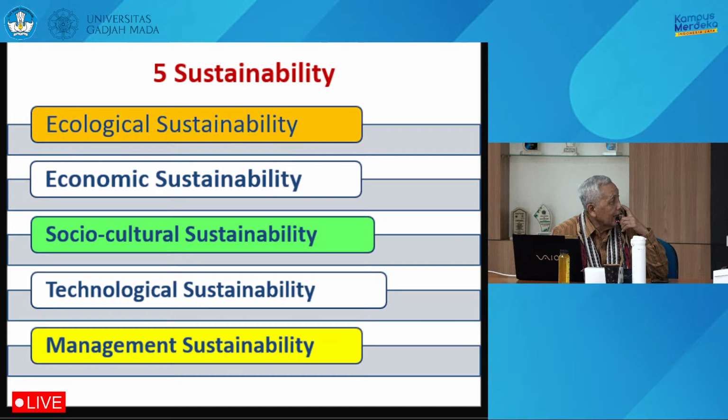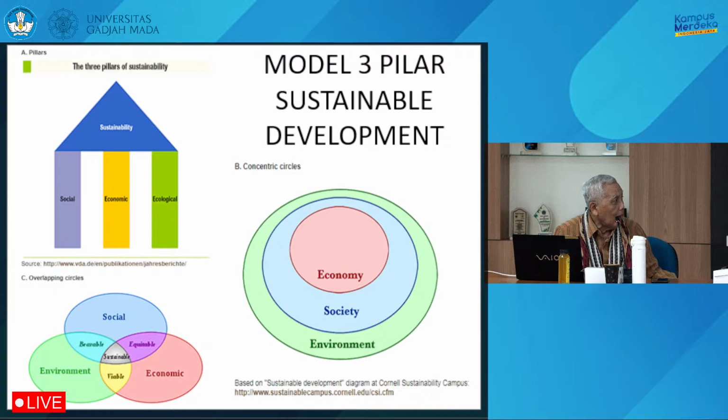Next, how about the concept of sustainable development? Now the environment is in the outer layer, and inside are economy and society.